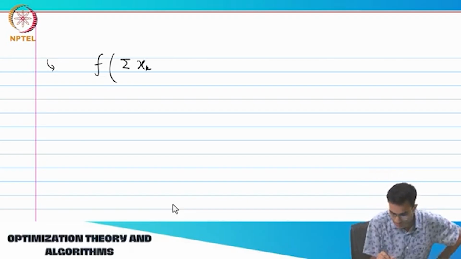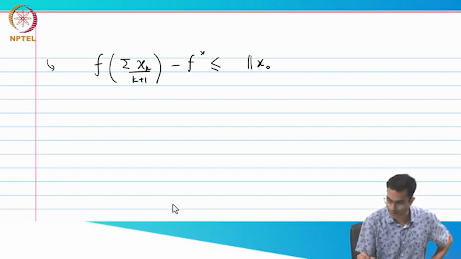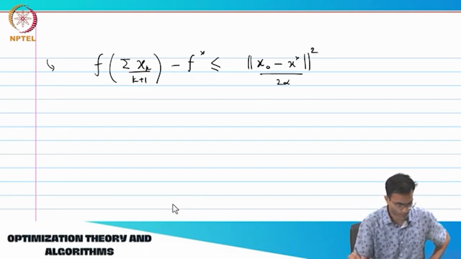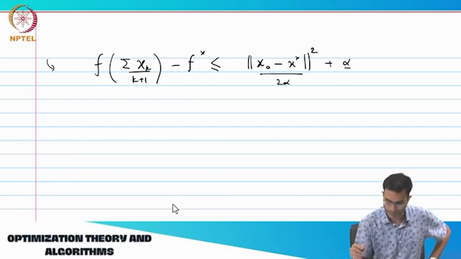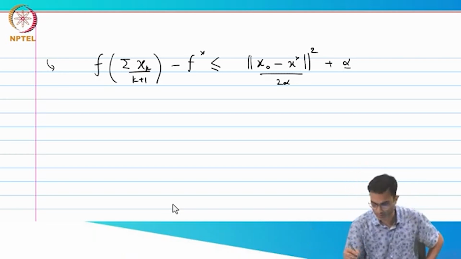So this is going to be f of xk divided by k plus 1, minus f star, is less than or equal to the norm of x naught minus x star squared by 2 alpha, plus alpha by, there was a k plus 1 outside, I'm going to move it to the right hand side.